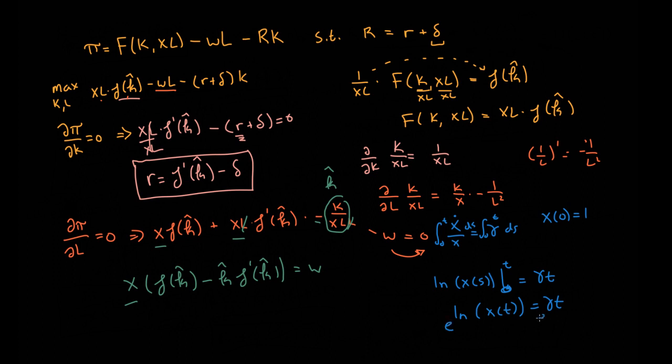We raise both sides to e, canceling the natural log, so x of t equals e to the gamma t. So we can substitute that: e to the gamma t times f of k hat minus k hat f prime of k hat equals w.